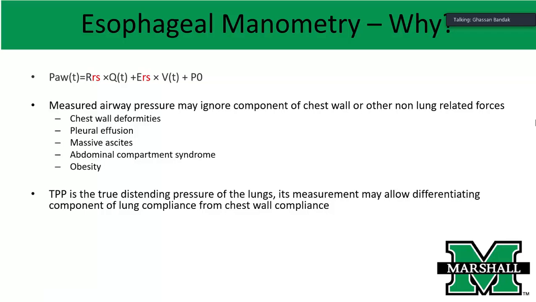For example, a measured airway pressure may ignore components of the chest wall and chest wall deformities. If you have a pleural effusion, massive ascites, abdominal compartment syndrome, or obesity, all of these are factors that can affect the respiratory system compliance, not necessarily the lung compliance. So you're applying a lot of pressure extrinsically on the lung. When you measure the airway pressure using the vent, the number you get does not reflect the true distending pressure in the lung. Okay?